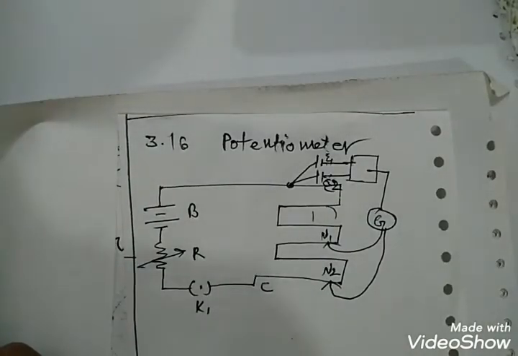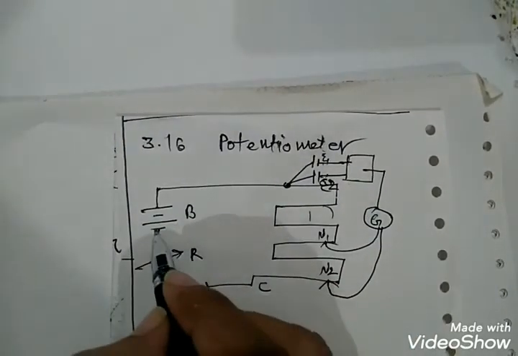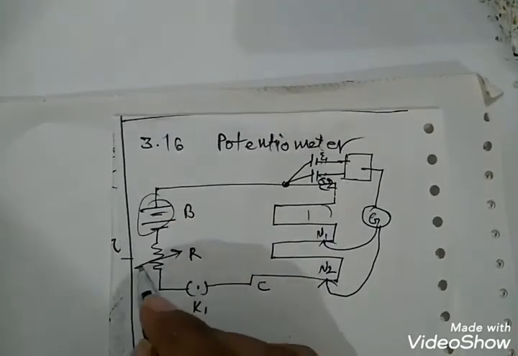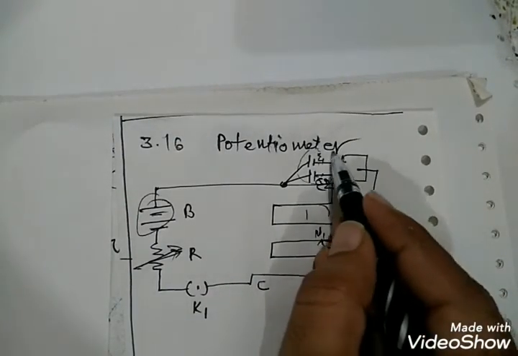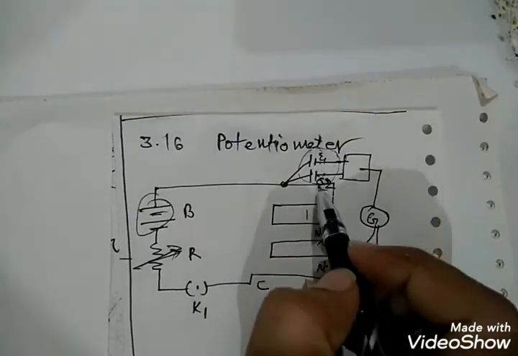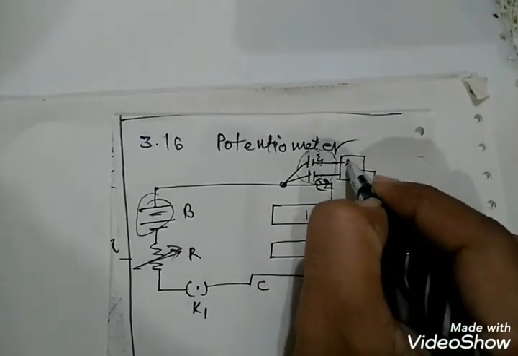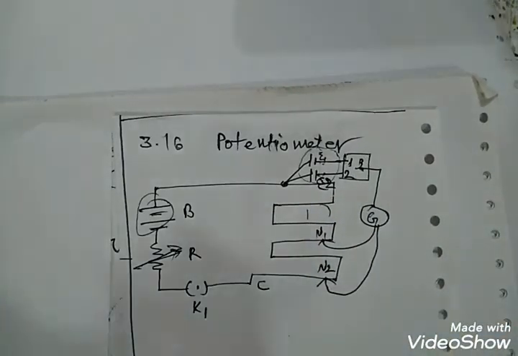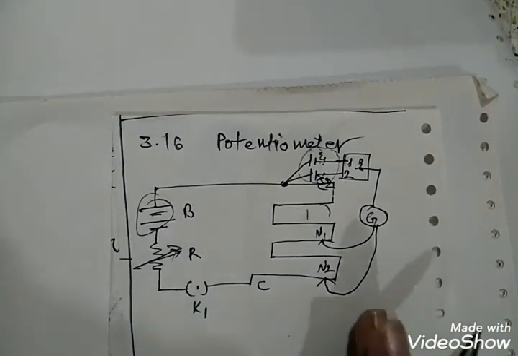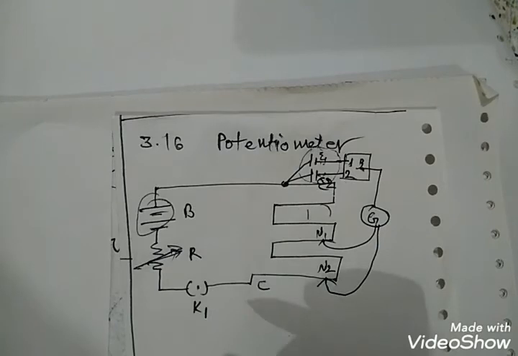Topic 3.16, potentiometer. In the potentiometer circuit we have a power supply, a variable resistor and a key K1. Here two EMFs, E1 and E2, are connected, and a galvanometer is connected at points 1, 2, 3. The current I flows through the wire and can be varied by the variable resistor in the circuit.